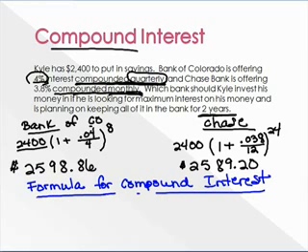And for compound interest, you need to know how many compounding periods you have in a year. Is it compounded quarterly? Is it compounded monthly? Or is it compounded daily, or something like that? So we've got to know for n, the compounding periods.